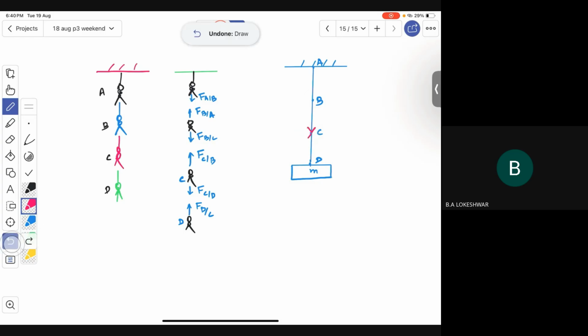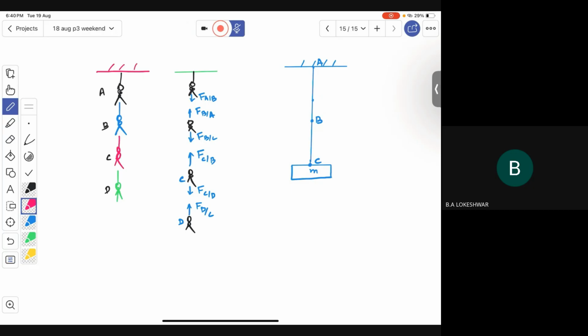Maybe I'll name it as two segments only. Suppose I have A, and somewhere I have B, and this is C. A is the point where it is attached to the ceiling, and C is the point where it is attached to the block.